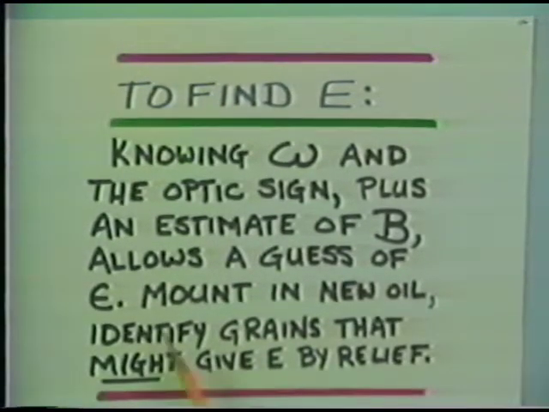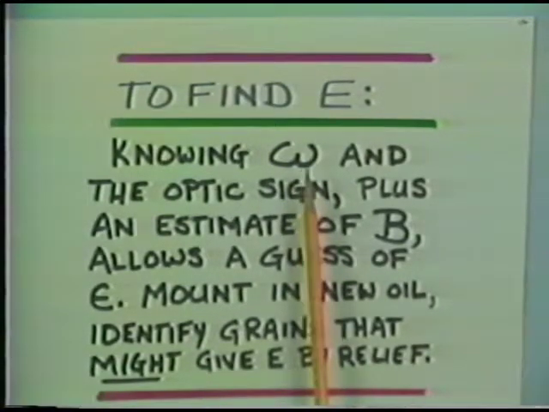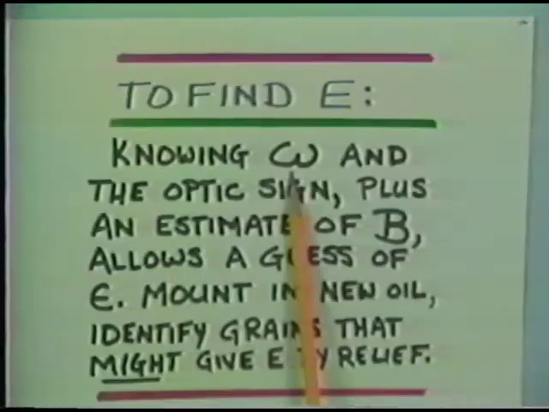The idea here is that if we have made a guess already for epsilon, and if epsilon is considerably different from omega, then when the omega index is being measured, or when the O ray is being seen by the microscope, the grains will have higher relief than those grains which are properly oriented to show the E ray.